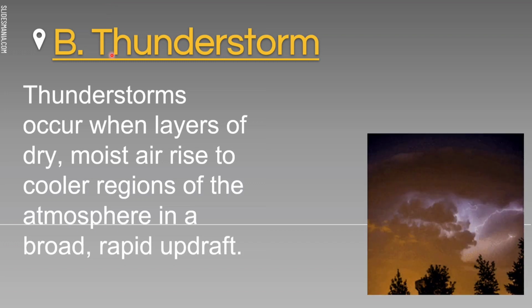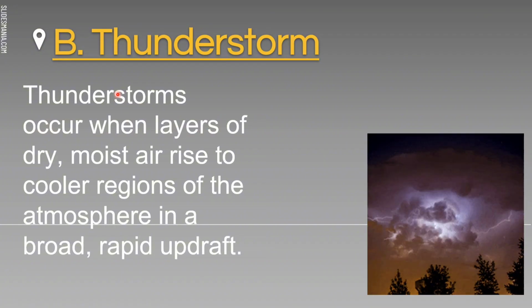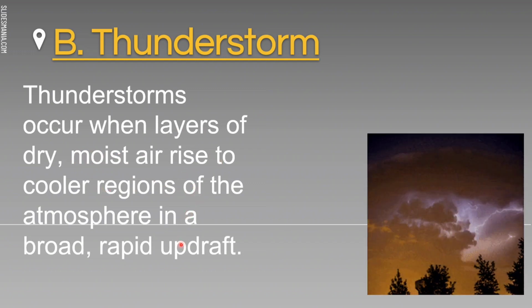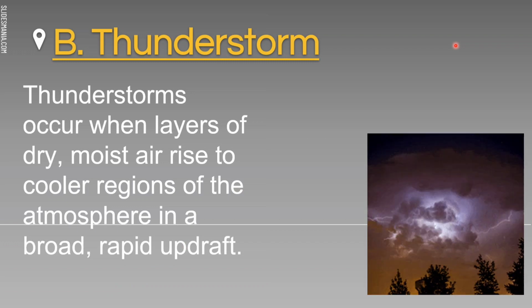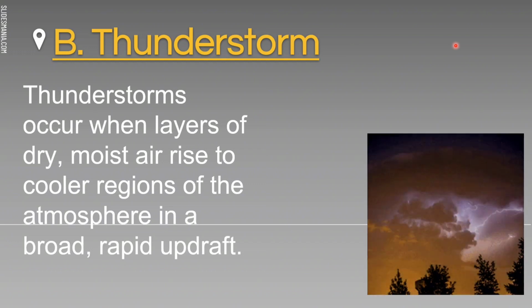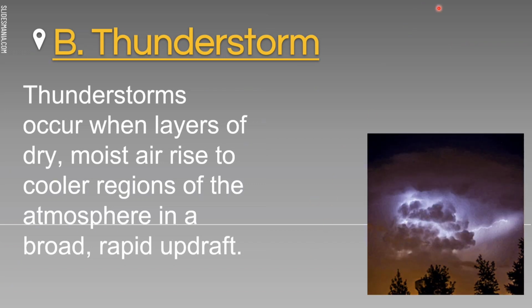Okay, next let's have the thunderstorm. So what do we mean by a thunderstorm? Thunderstorms occur when layers of dry, moist air rise to the colder region of the atmosphere in a broad, rapid updraft. So this is a powerful, short-lived weather disturbance, almost always associated with lightning, thunder, dense clouds, heavy rains or hail, and fast roaring winds.